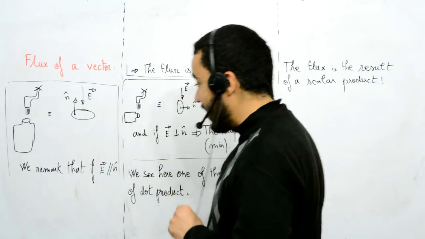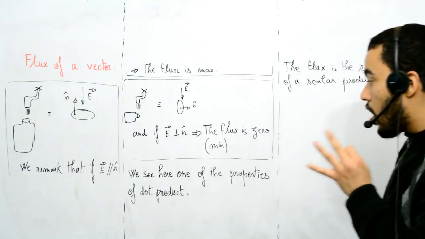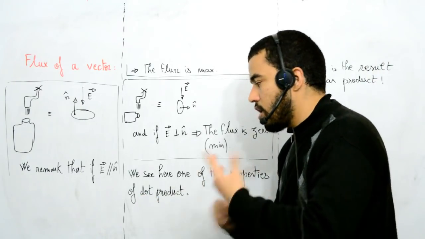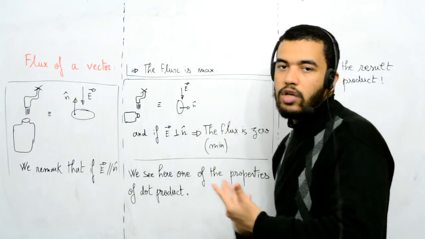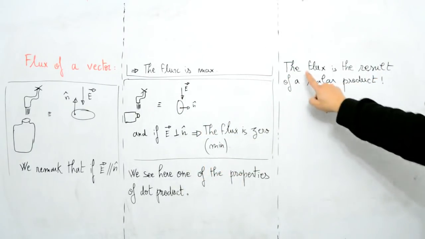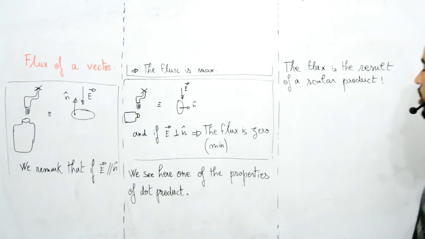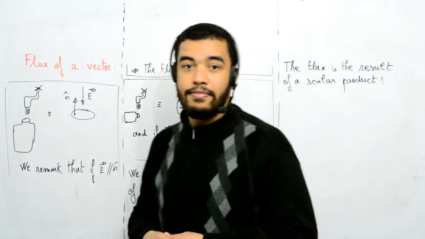You can see here one of the properties of the dot product, or scalar product. The flux is the result of a scalar product, right?